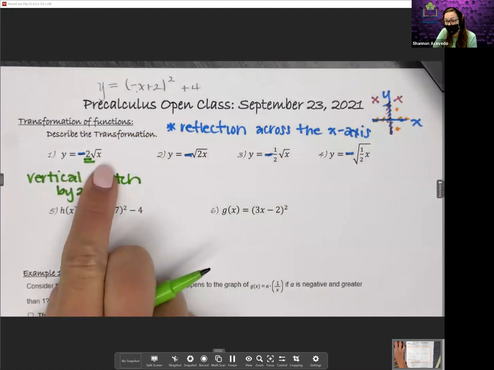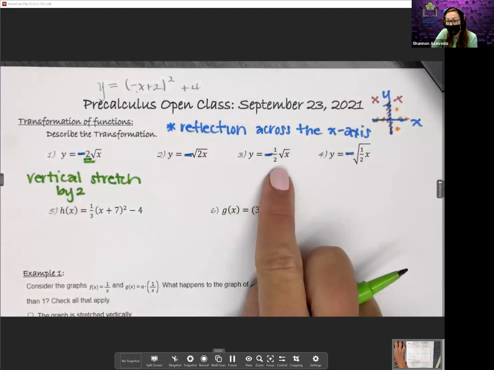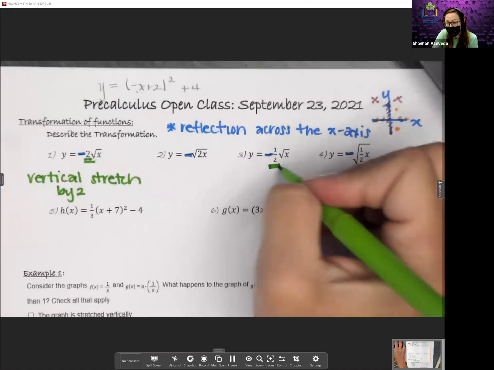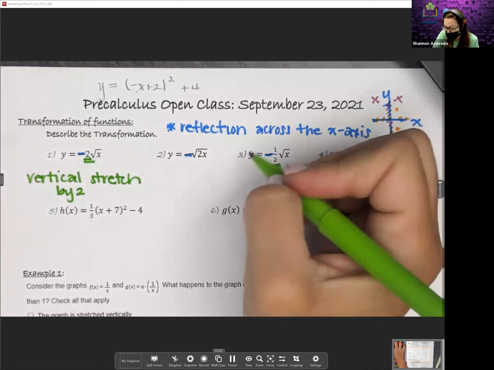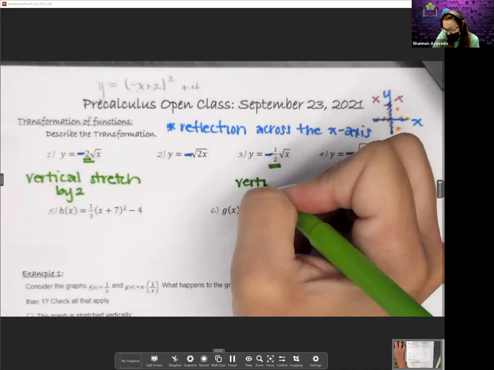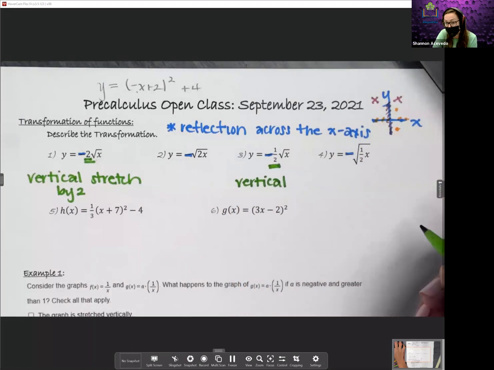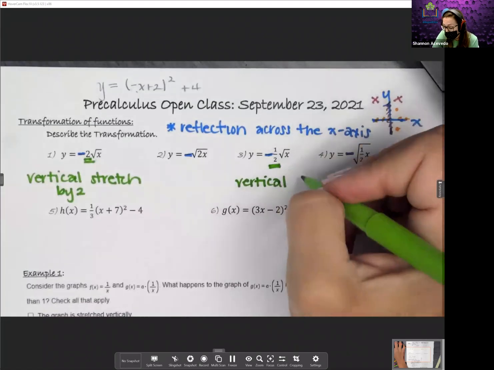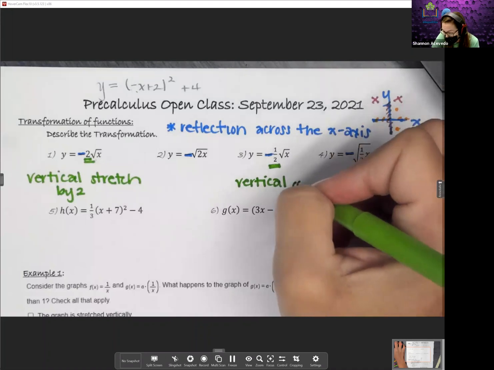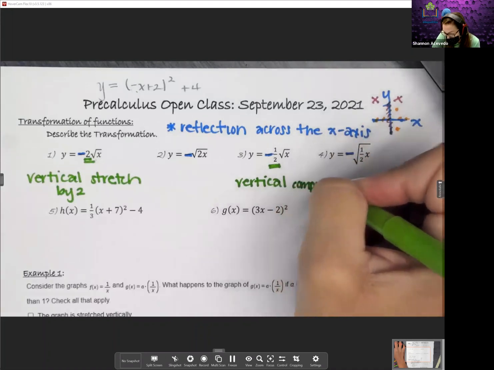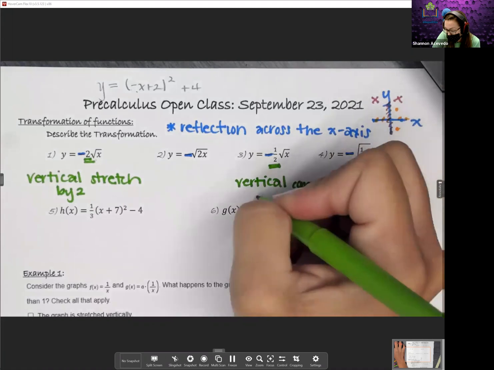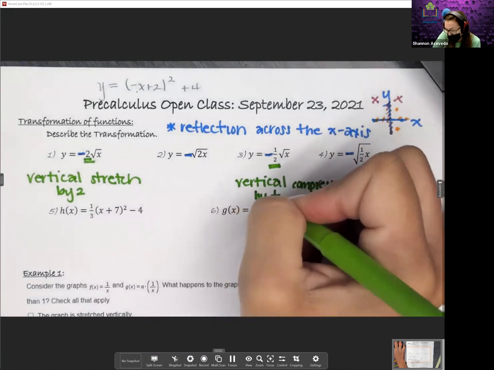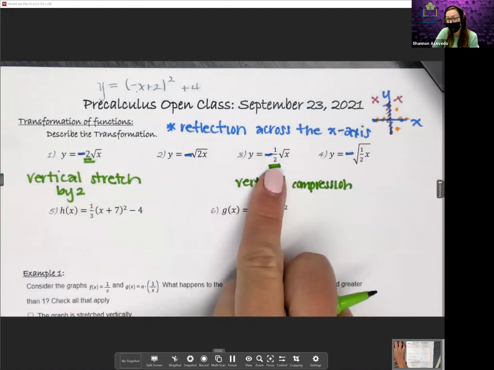If it's out in front, it's vertical. So this is also going to be vertical because it's out in front. Now it's not a stretch because it's less than 1. If this value is less than 1, it's a vertical compression, so it's a vertical compression by 1/2. So notice the differences. They're both out in front.